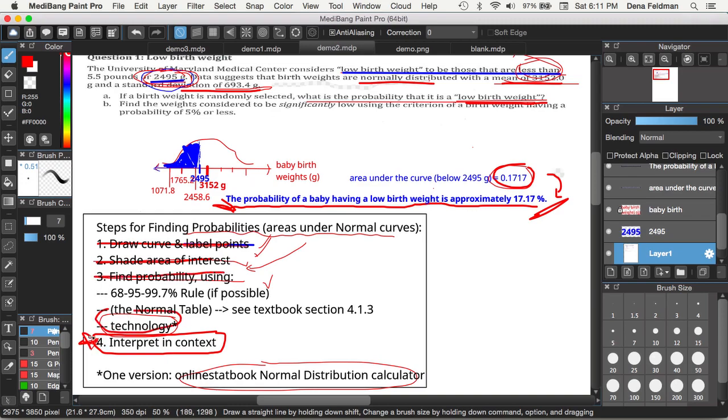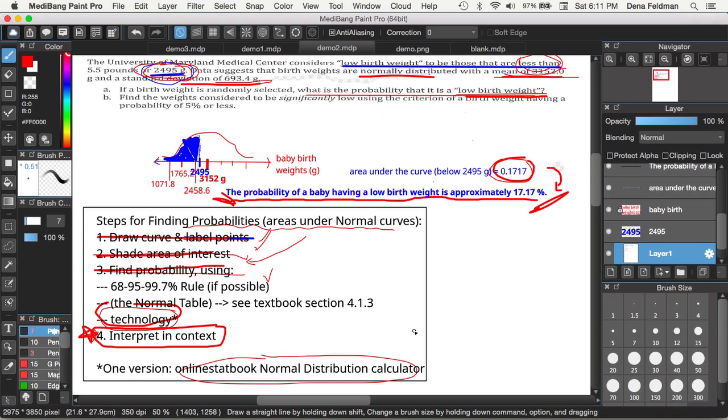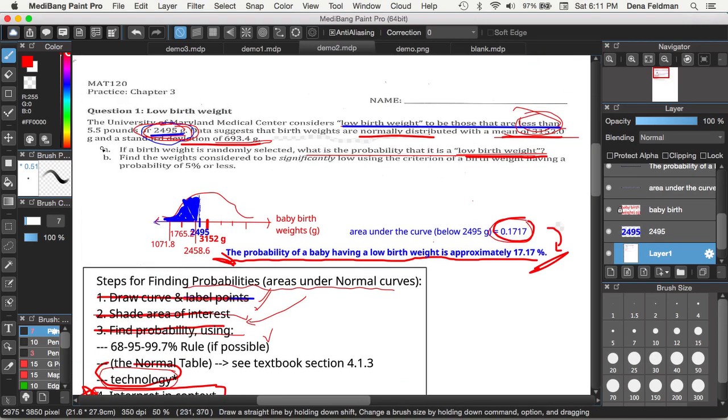And step 4, the most important part, is to interpret the answer you get. So, congratulations, we've survived our first half of the problem. We've answered part A of this question. Part A, check plus. And in a few minutes, I'll get back to part B. Thank you for your time.